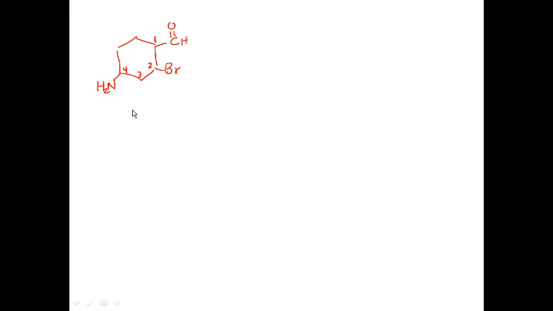So this would be called 4-amino, because amino comes first alphabetically, 2-bromo, and then cyclohexanecarbaldehyde would be its name. So again, the C=O takes precedence over the nitrogen group.